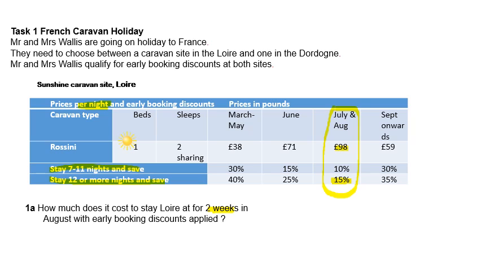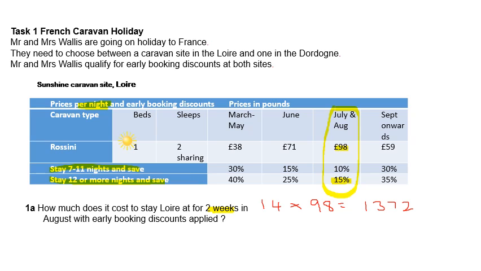Okay, so at this point, we obviously need to work out the original cost. So the original cost, 14 nights, because that's 2 weeks, times by the £98, because it's £98 per night, which gives us an original cost of £1,372.